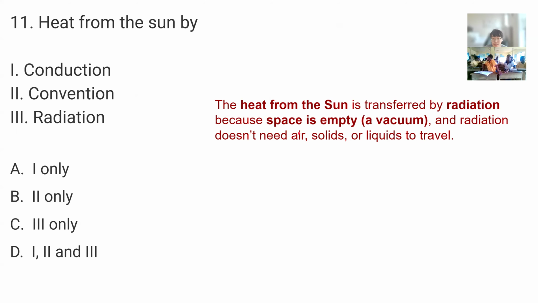We know that space is empty, but heat is still reaching Earth, to us humans. And we can feel the heat from the sun without directly touching it. So that is why radiation is the method for heat transfer from the sun. The answer is C.